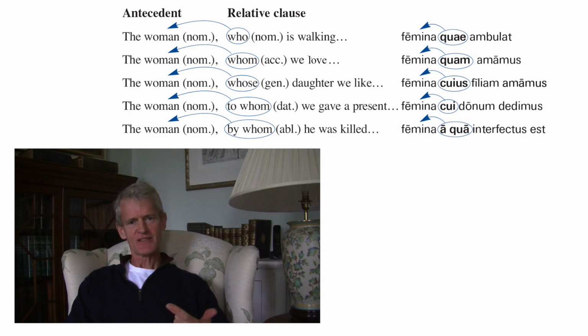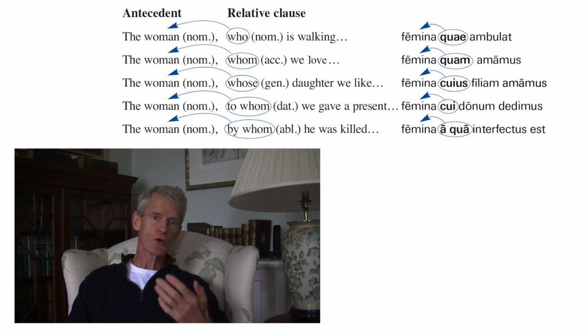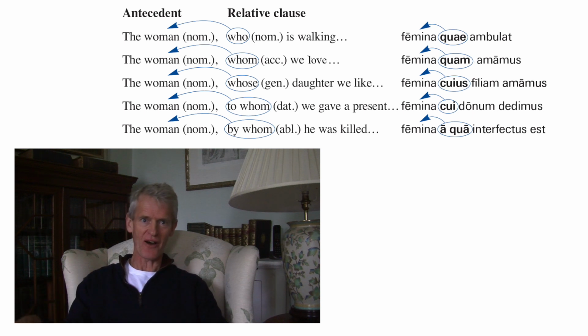So feminine, genitive, singular, cuius. So we get femina, cuius filiam amamus, of whom we love the daughter. And then the sentence will carry on and we'll say something like laeta est. Okay, you following this? Okay, two to go.